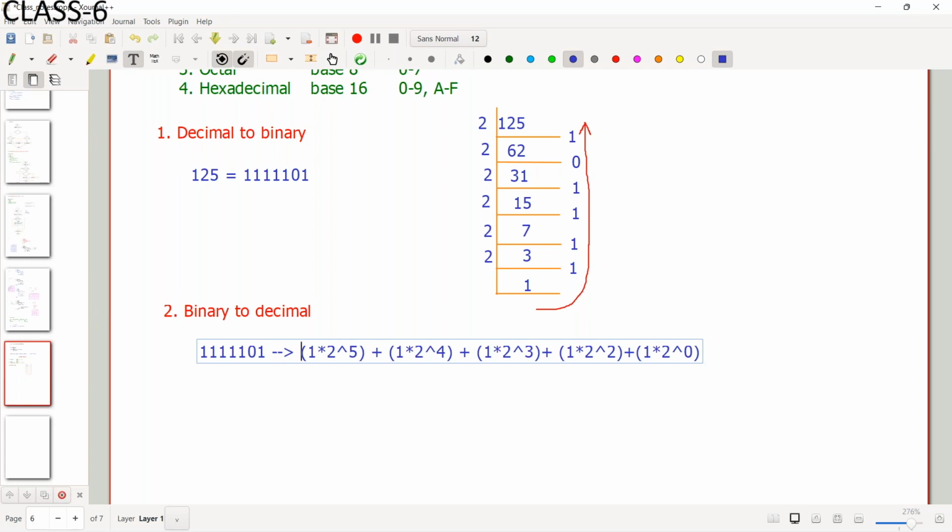Wherever 1 is there, you just multiply that 1 with the 2 power of the bit position.